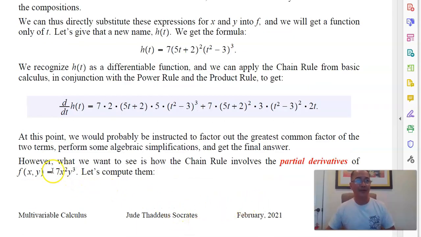Okay, so our function is 7x squared y cubed. So on the next page, what are the partial derivatives? Partial with respect to x, we'll get 14x y cubed. And then for partial with respect to y, you'll get 21x squared y squared.